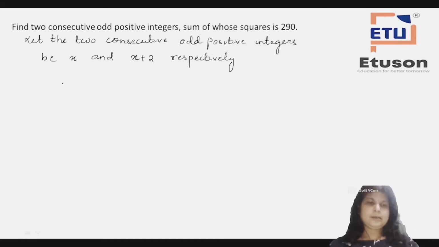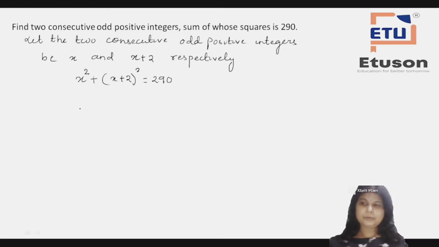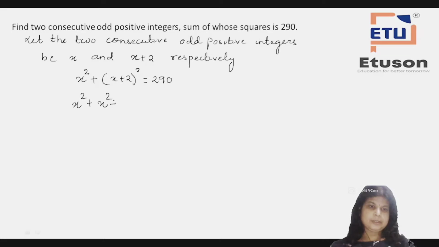Then according to the question, x square plus (x plus 2) whole square is equal to 290. Correct or not? So you will have x square plus x square plus 4x plus 4 is equal to 290.